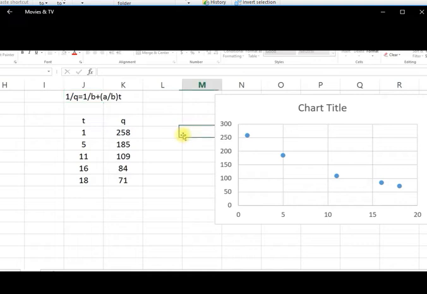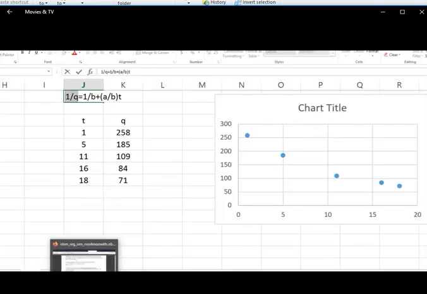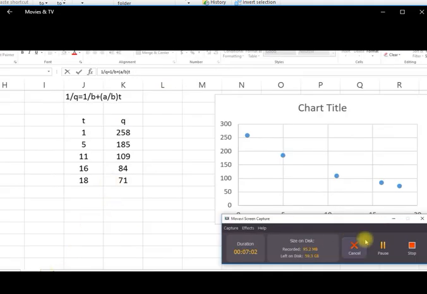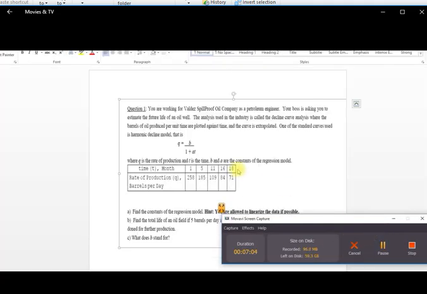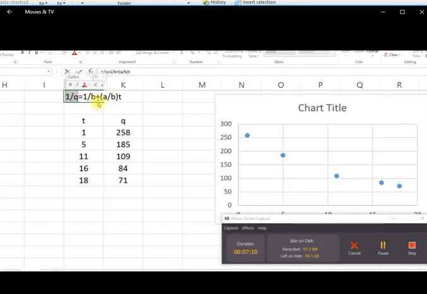So what we have to do is plot 1 over q versus t. That will give you the linear.